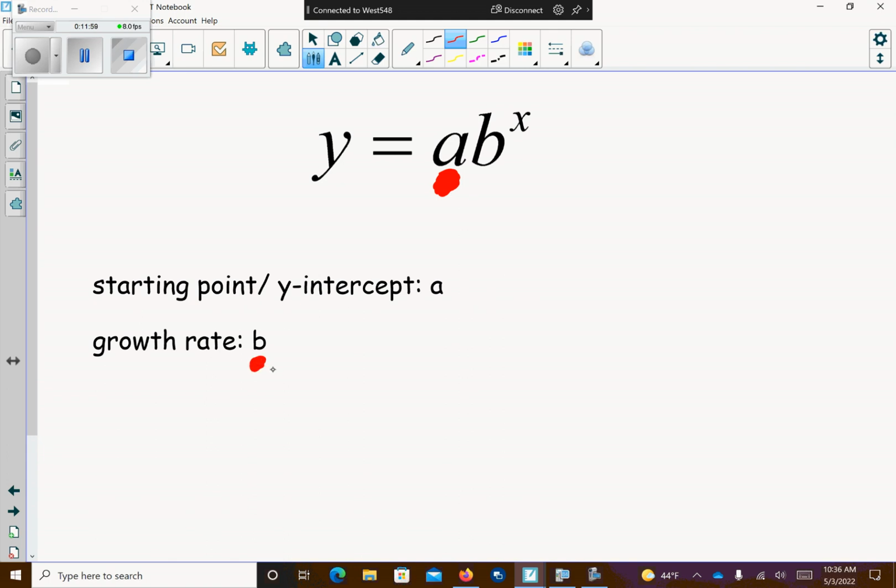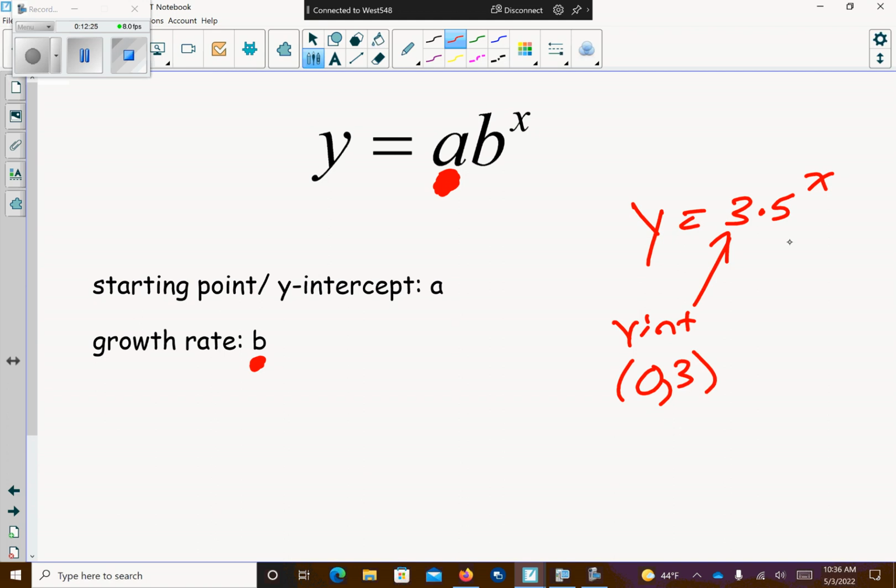B being the growth rate is the value that has the exponent with it. So if I had something like this, y equals 3 times 5 raised to the x, what would my starting point, y-intercept, be? Well, that's my y-intercept. So the y-intercept is technically 0, 3, and this is my growth rate. Okay? Pretty simple so far, I think.